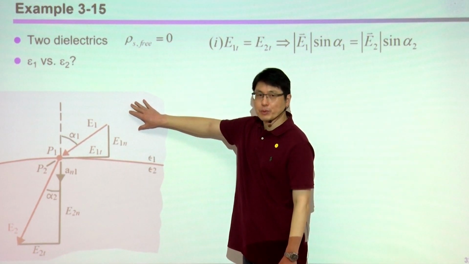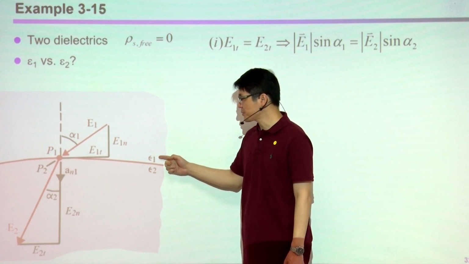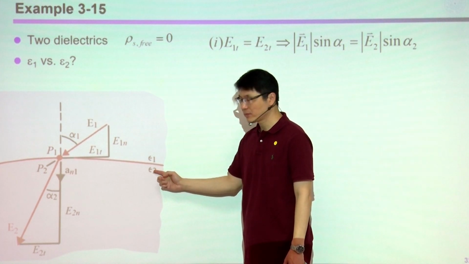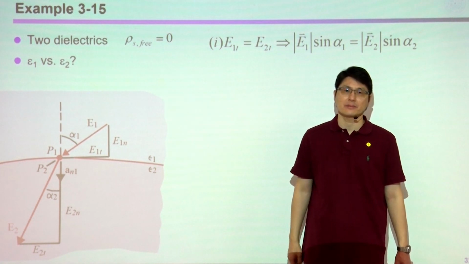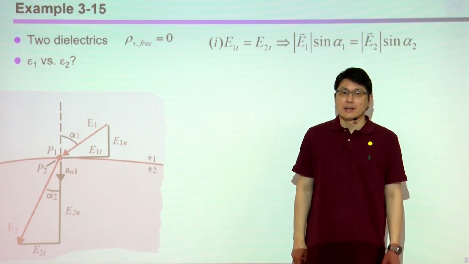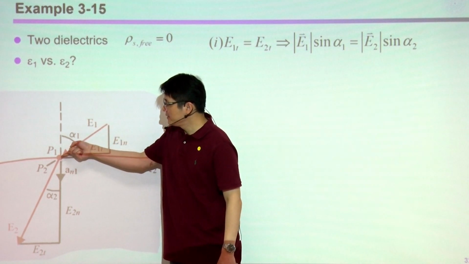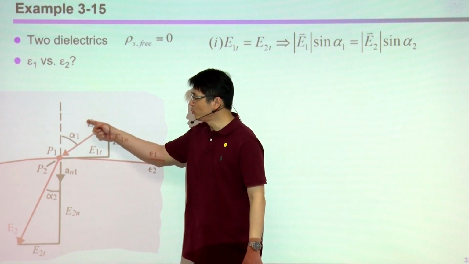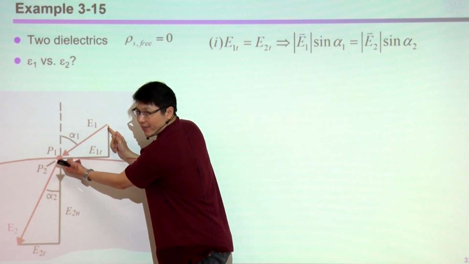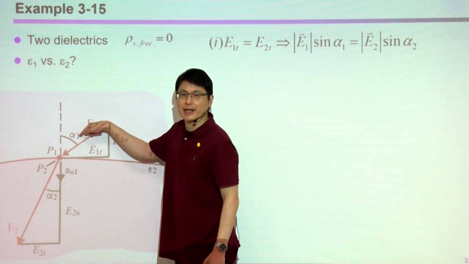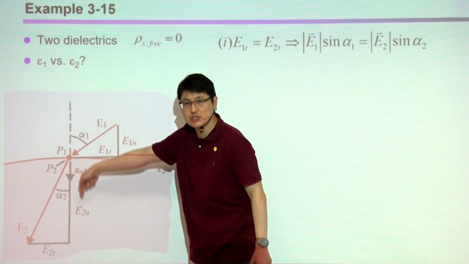I have material number 1 having absolute permittivity epsilon 1, and the second material having absolute permittivity epsilon 2. I now inject a given E field, E1. I know its amplitude, meaning the length, and I know its incident angle. The incident angle is the angle with respect to the surface normal.